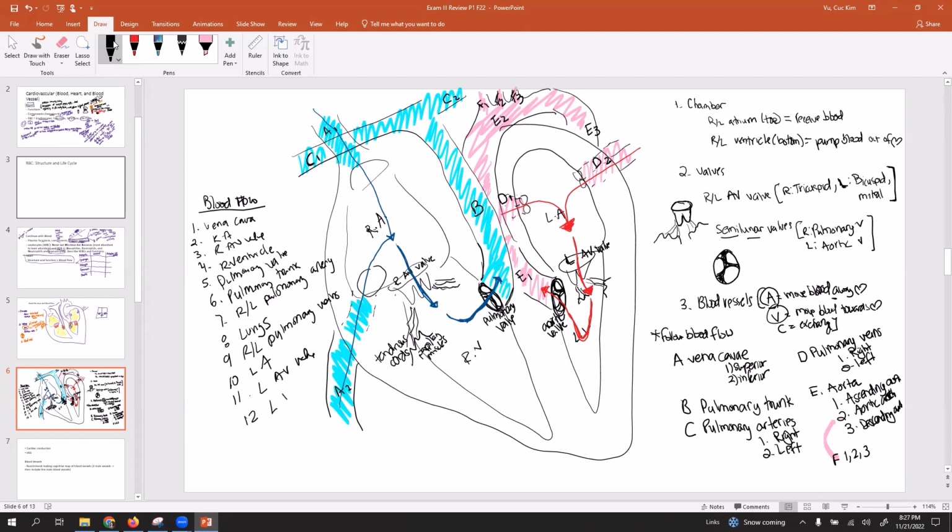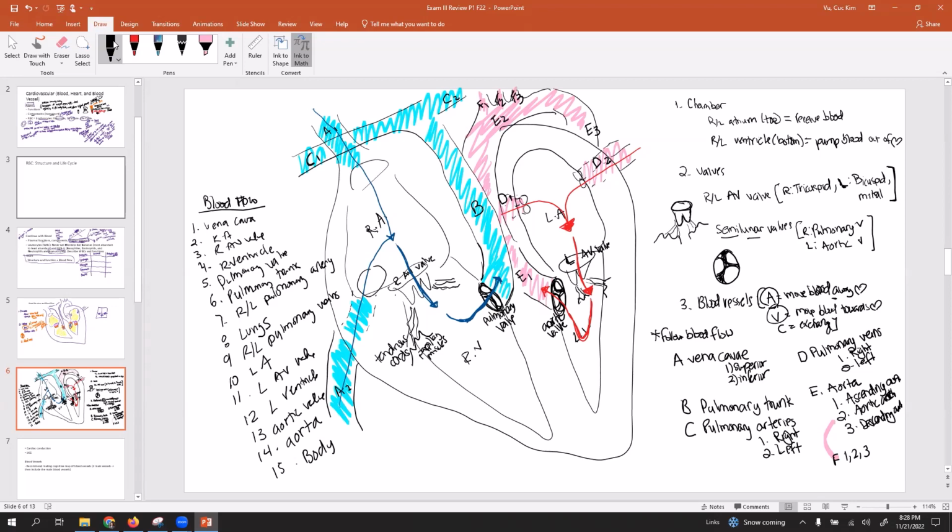The left ventricle. Goes through what valve? Aortic. Passes through what blood vessel in general? Aorta. Yep. And that brings it to the body. And then it repeats.